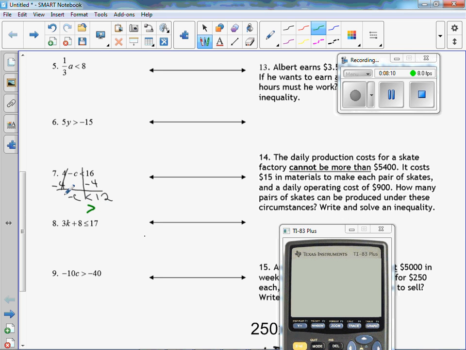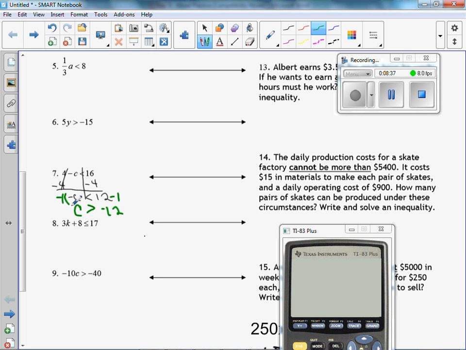So in actuality, to change the direction, you're basically multiplying by -1 because a negative times a negative is a positive. So you're doing it over here also. So C would be greater than -12, because a negative times a positive is a negative, right?